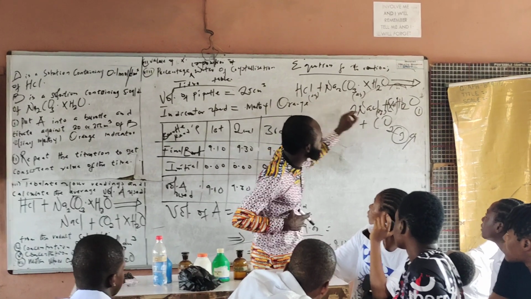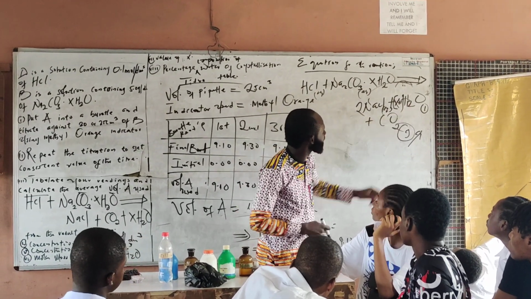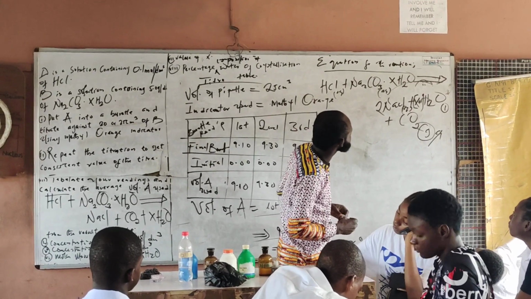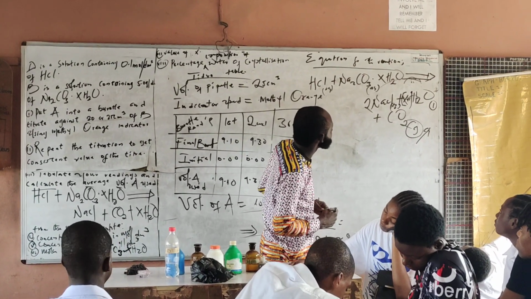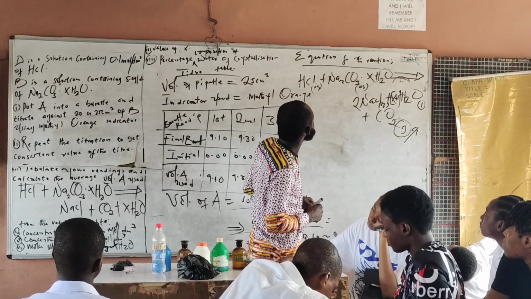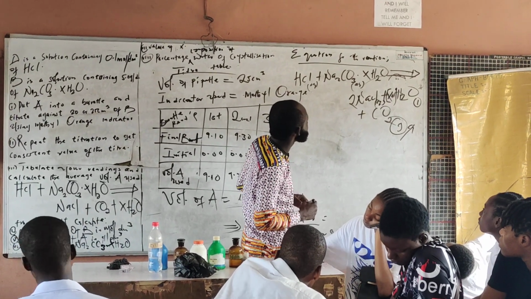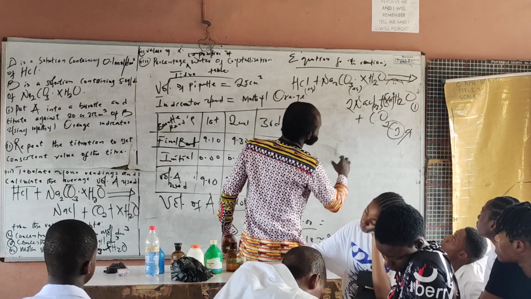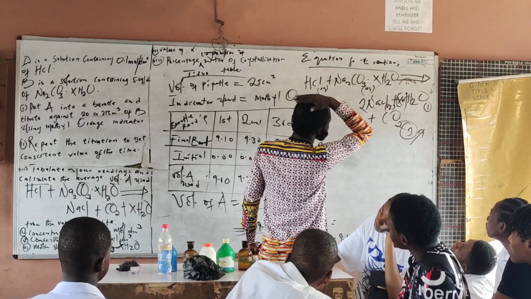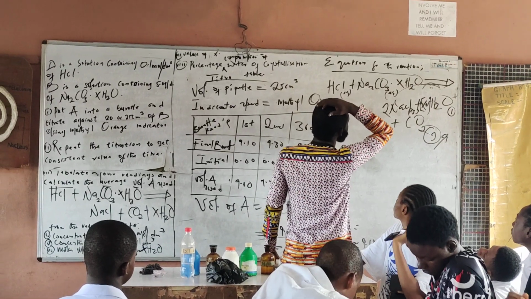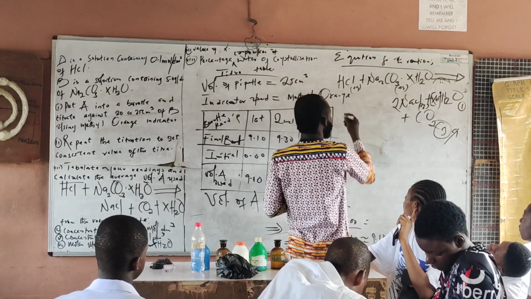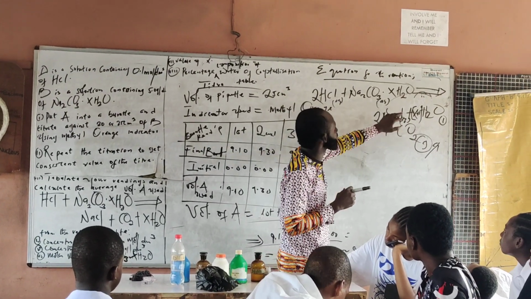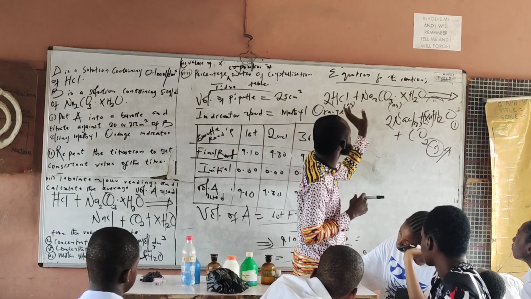Then here is what? 2. So 2 hydrogen. Chlorine is 2 as well. Chlorine is 2, okay, that will give us this. But don't expect your oxygen and hydrogen to be well balanced because we have 2 here.